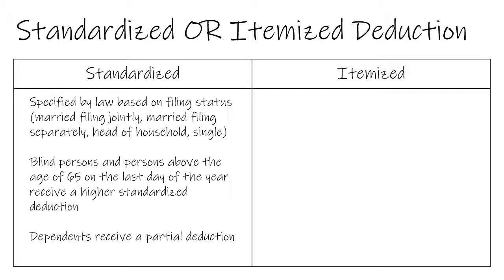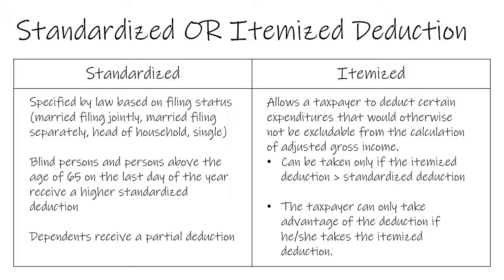In addition, those persons who are blind and those persons who are older than 65 during the calendar year in which the tax is being filed receive a higher standardized deduction, $1,500 for each of those two conditions. Dependents receive a partial deduction limited to their full income or $1,050.